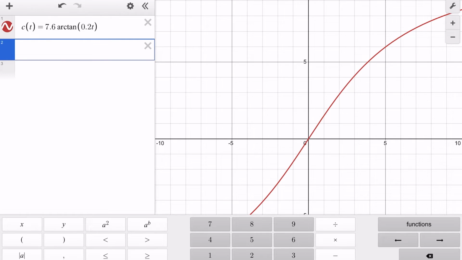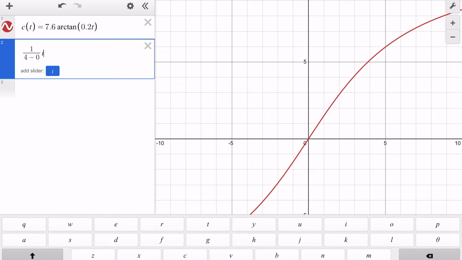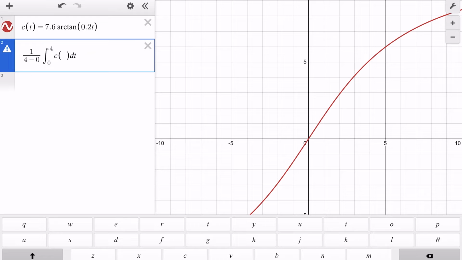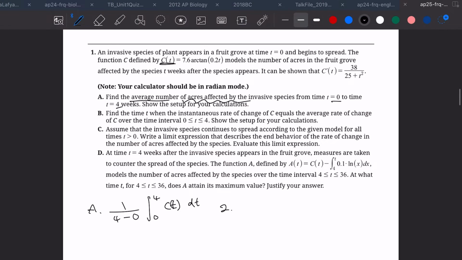So 1 divided by 4 minus 0, and then the integral from 0 to 4 of c of t. That comes out to 2.778. So our answer would be 2.778.